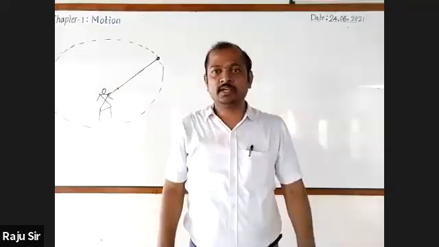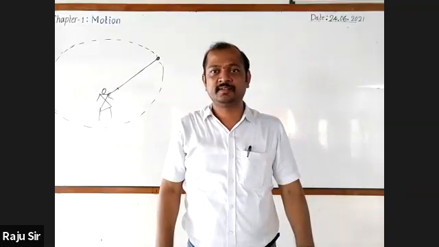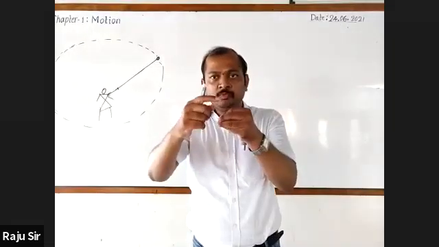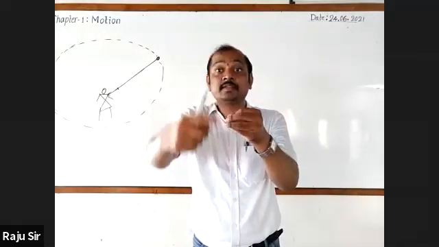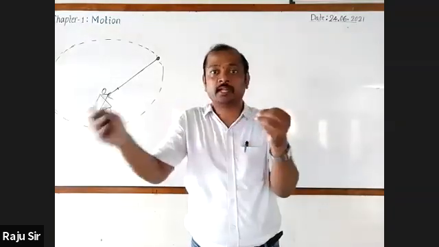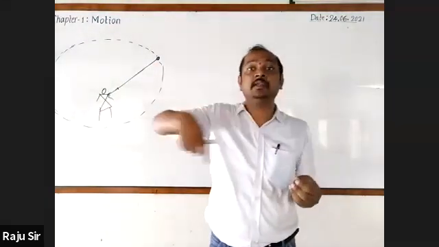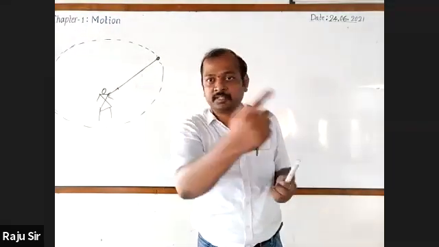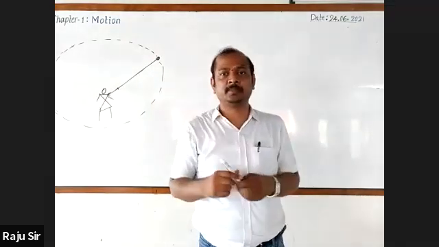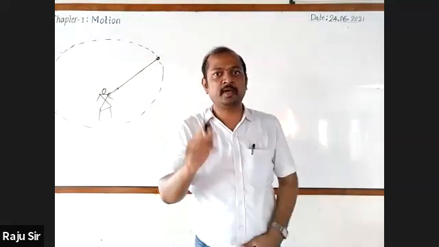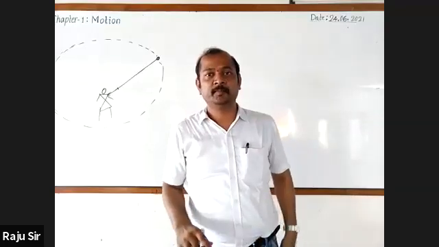Oval. Sir, the orbit is oval shape. Mercury will revolve around the sun in a circular path, whereas other planets will revolve in an elliptical path. That is why I took an example of Mercury.